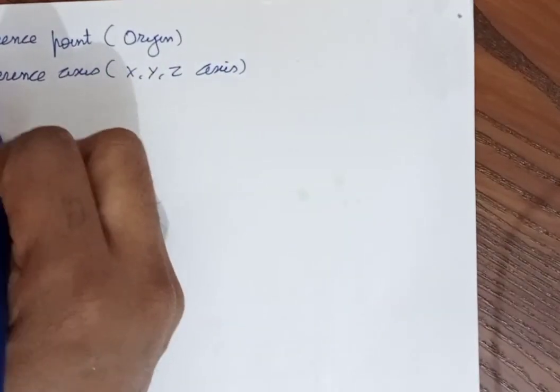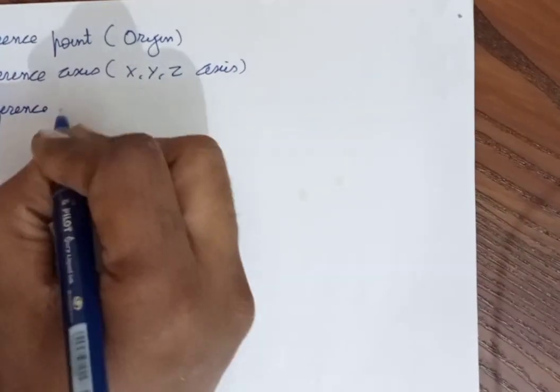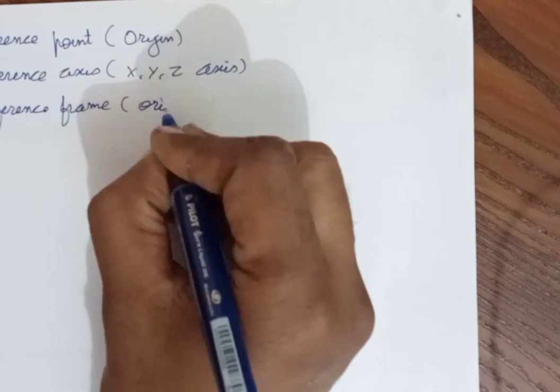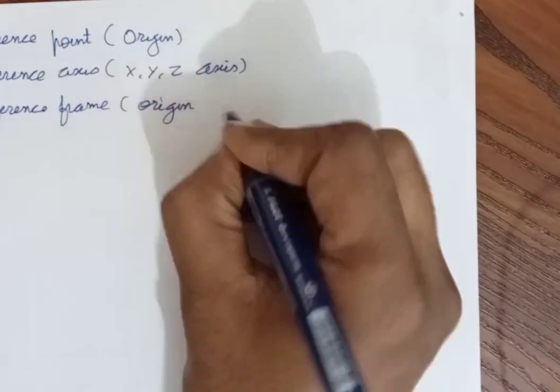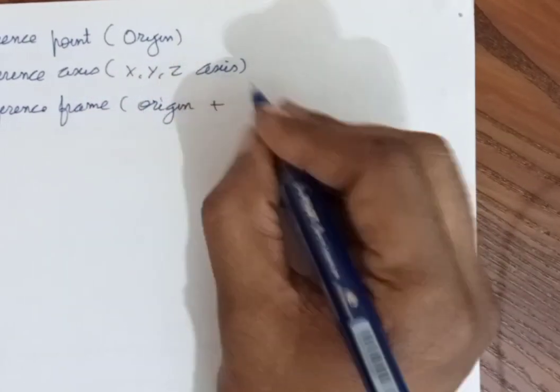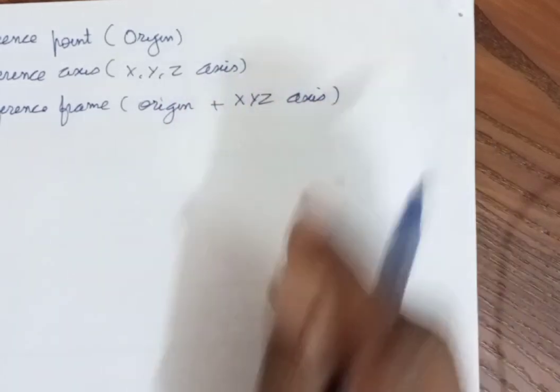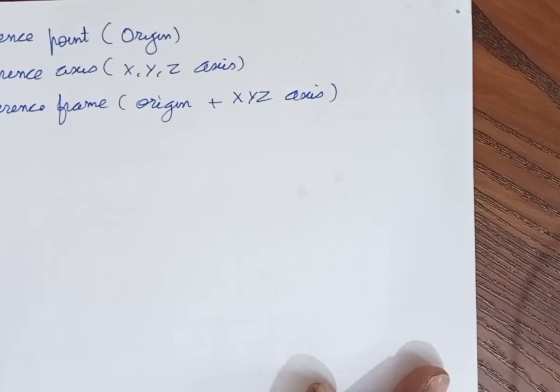Then reference frame, origin plus x, y, z axis. So we have seen these three things: reference point, reference axis and reference frame.